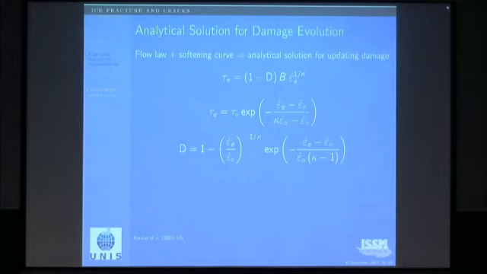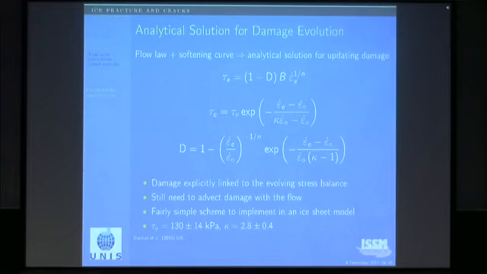And I only need two extra parameters to do this: the threshold stress and this kappa, which tells me the initial post-peak softening slope of that exponential softening relationship. So rather than trying to formulate a source term for damage, I have an analytical solution for damage that is explicitly linked to the evolving stress balance of the ice.